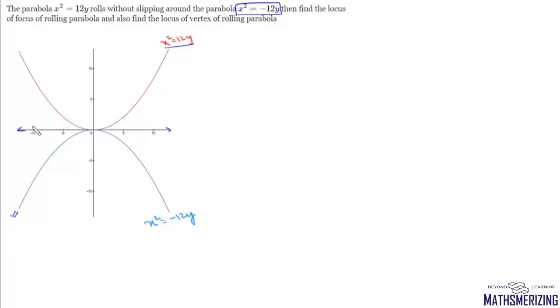about the x-axis. So if we consider any point on this parabola, which is x square equals 12y, and say this point is A, its parametric coordinate is (2at, at square) for this form, and here the value of a is 3, so it will be (6t, 3t square).